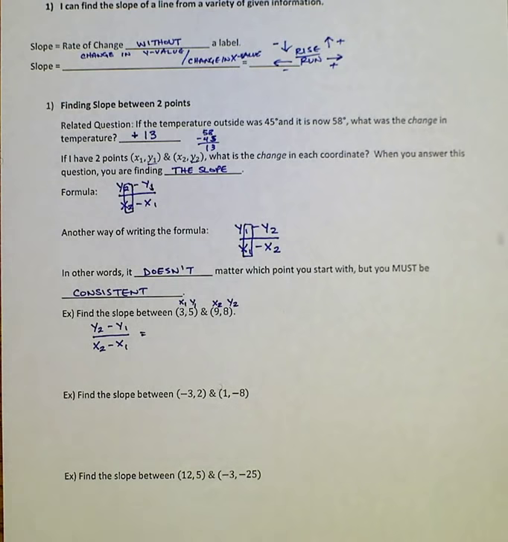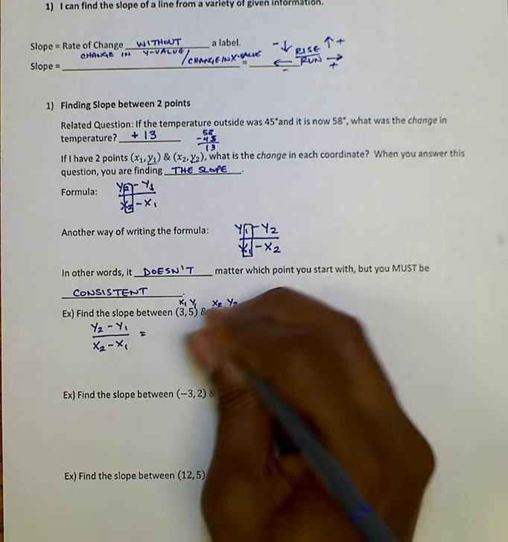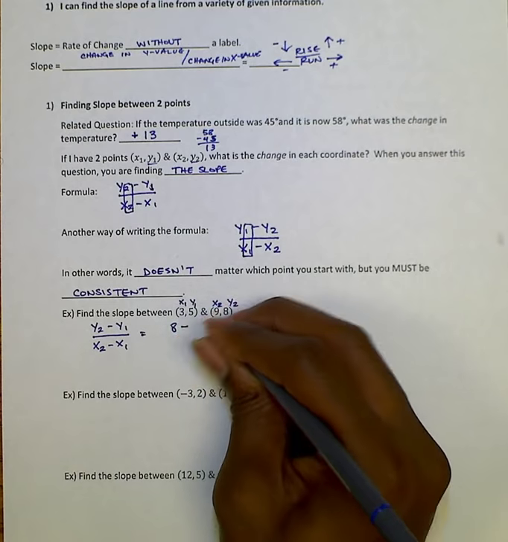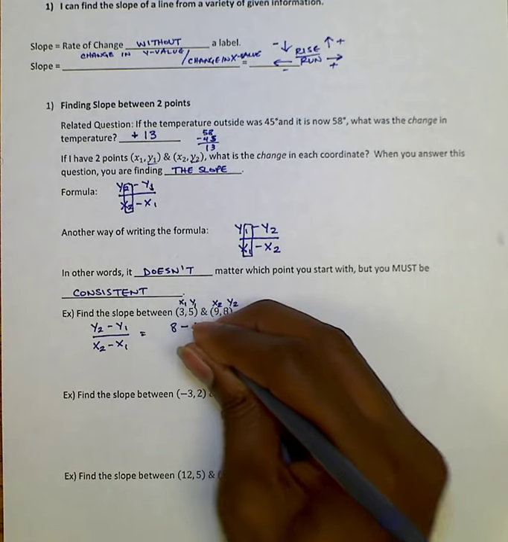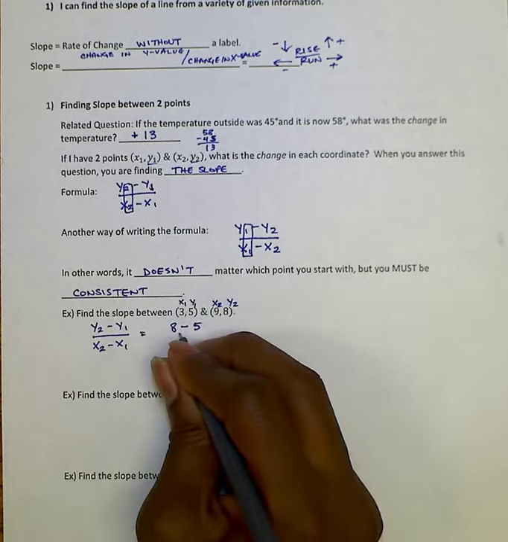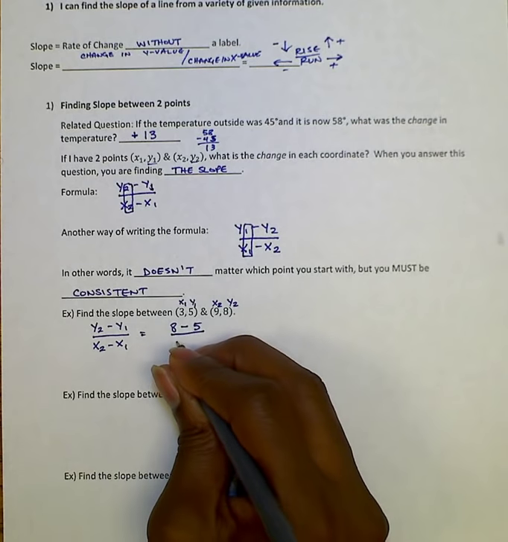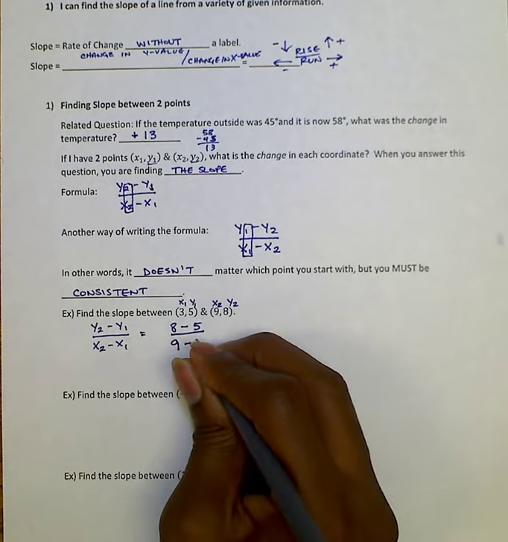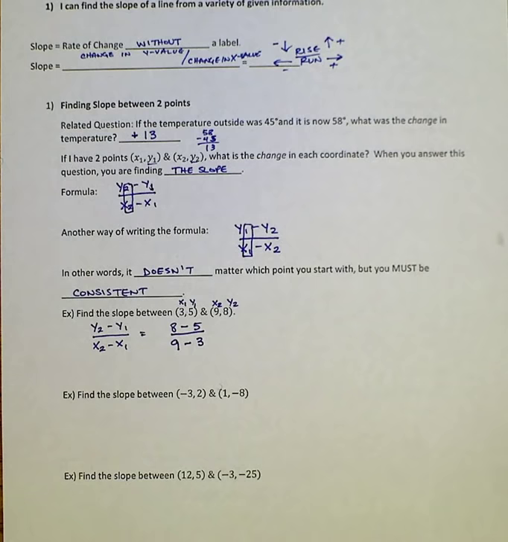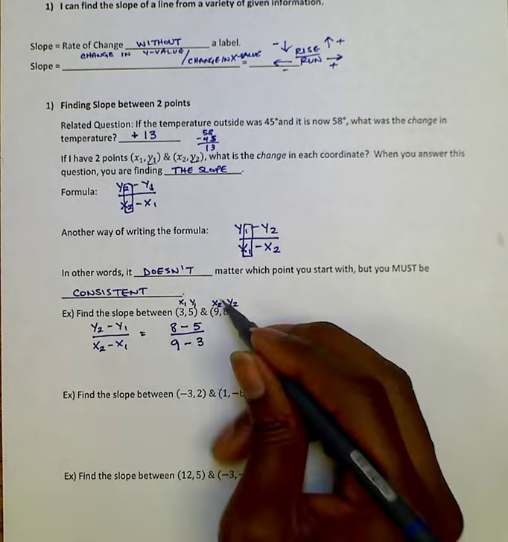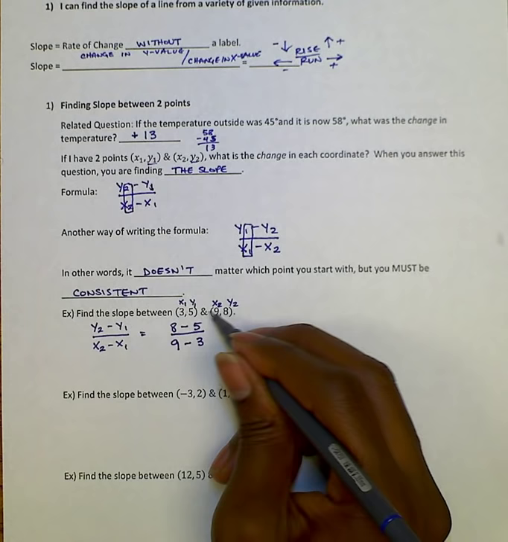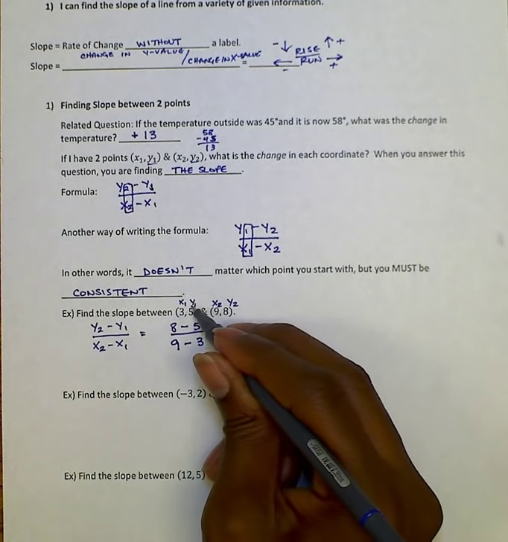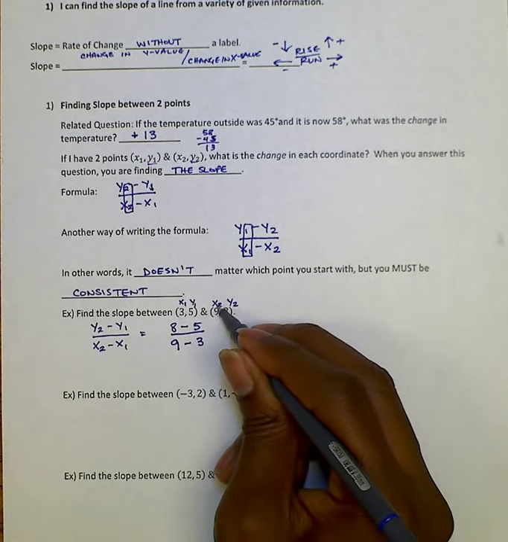So y2 minus y1, that's 8 minus 5 over x2, which is 9, minus x1, 3. Okay, so notice I'm getting these points from the points that are given: y2, 8; y1, 5; x2, 9; x1, 3.